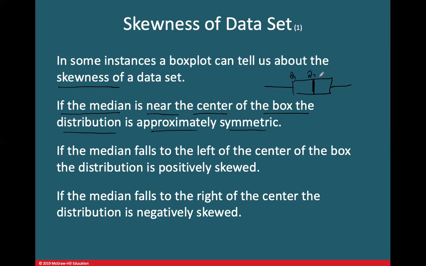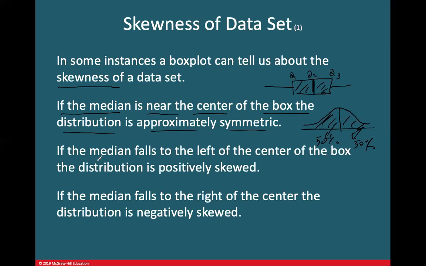Q1, Q2, Q3 are almost equal distances from each other. So what can we say? It is symmetric. So 50% here, 50% here. Okay? So it's a symmetric distribution.